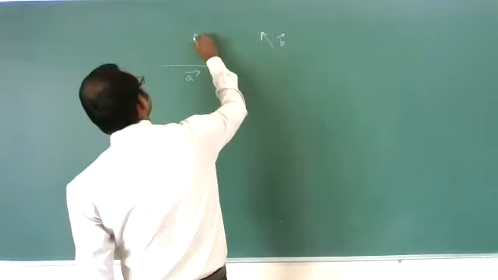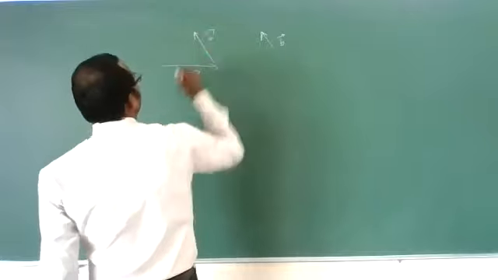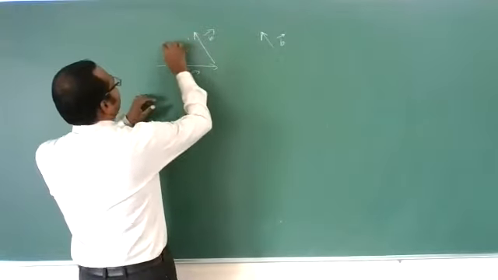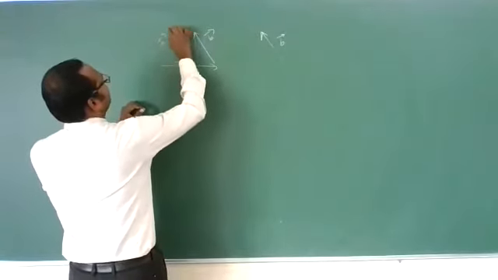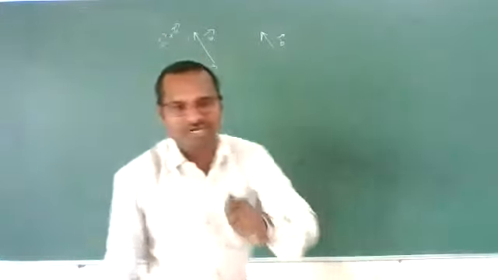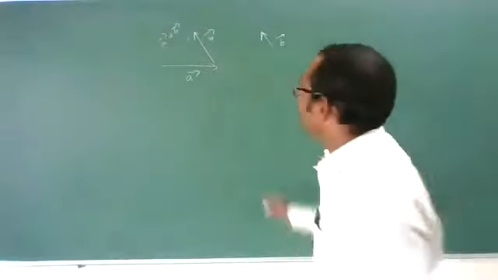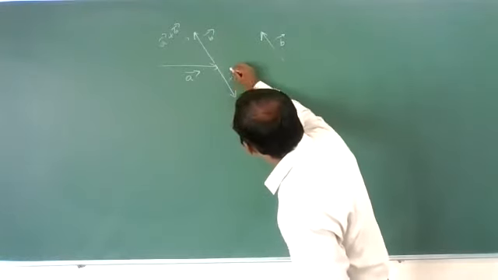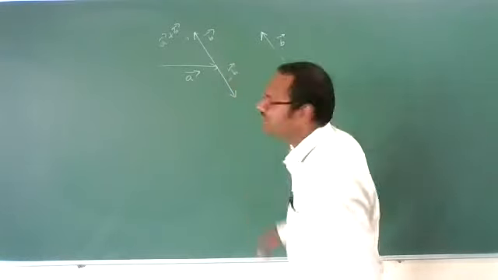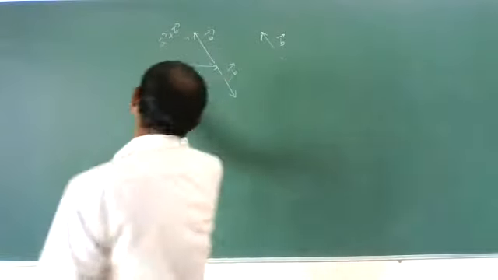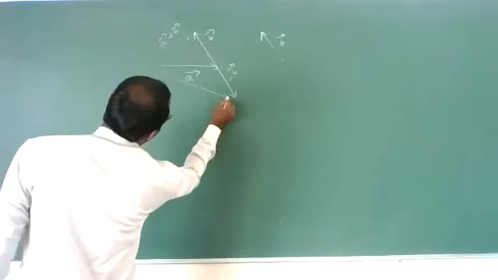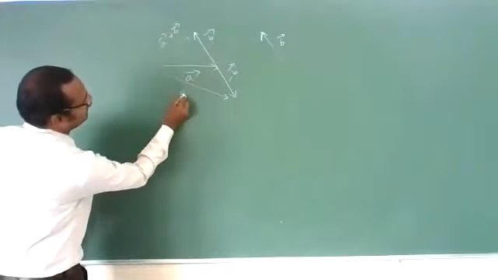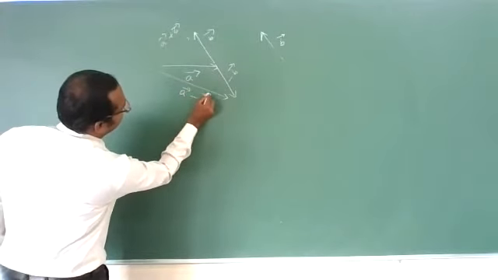If we add, this will be A bar plus B bar. But we don't want A bar plus B bar, we want subtraction. So from here, I take the negative vector. This will be called minus B bar. Now subtract. This will be A bar minus B bar.